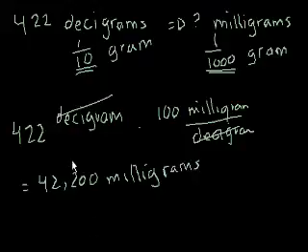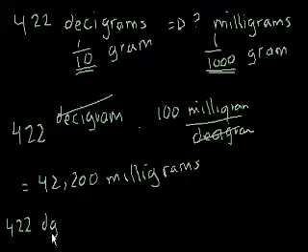Now, another way you could have done it is the way we just did that last problem. We could say 422 decigrams. We could convert that to grams. So we could say 422, I'm just going to say DGs, although that's not really a familiar unit, decigrams. And how many decigrams are there per gram?